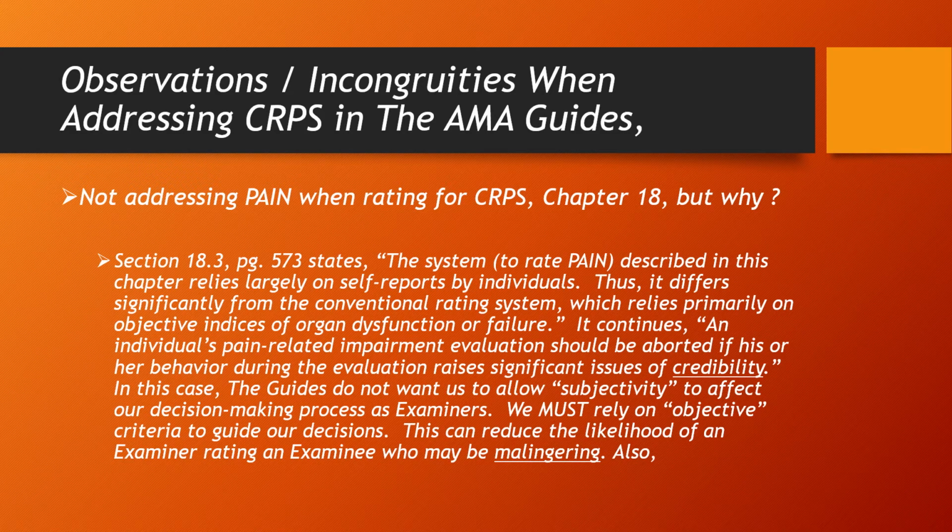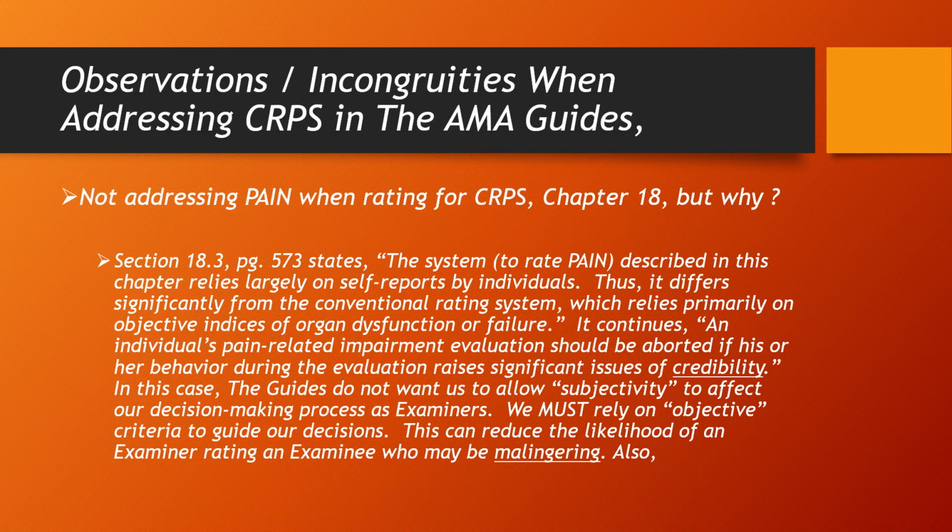It's determined to be more painful than childbirth, kidney stones, or trigeminal neuralgia. So why don't they assess this or make a determination in Chapter 18, which is about pain? That's the title of the chapter. Well, let's take a look.